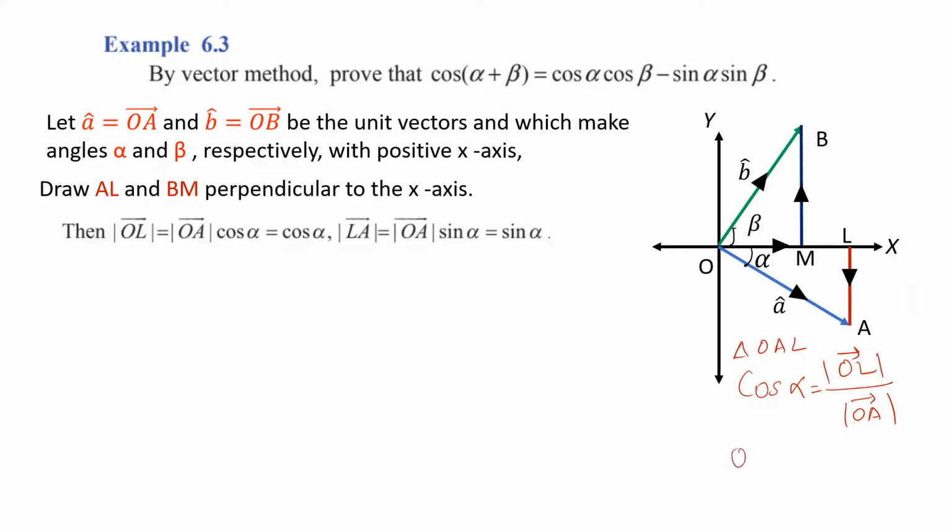So we can further derive the magnitude of OL is equal to magnitude of OA into cos alpha. Similarly, in the same triangle, we can say sin alpha is equal to magnitude of LA over magnitude of OA.